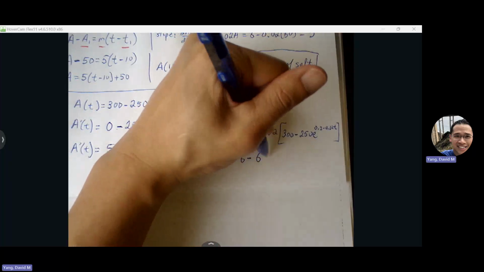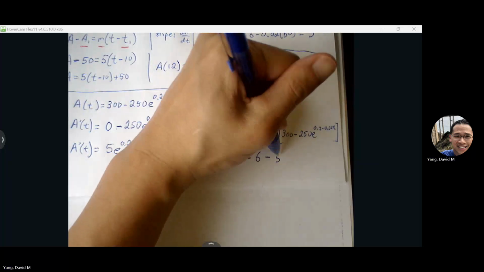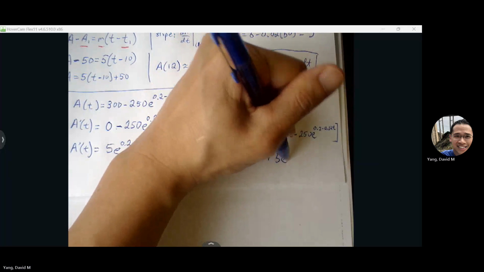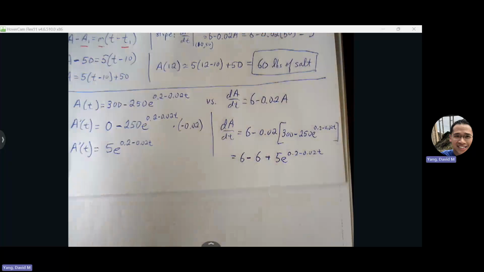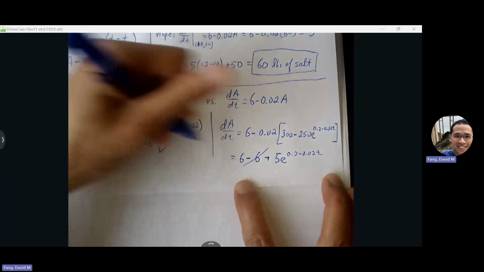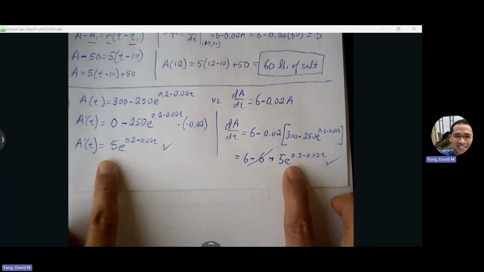This times this gives me 6. Negative 0.02 times negative 250 gives me 5. Sixes cancel out, and we get the same looking A prime.